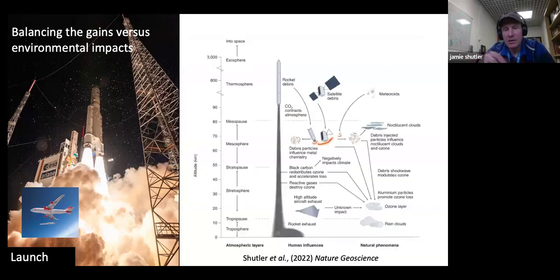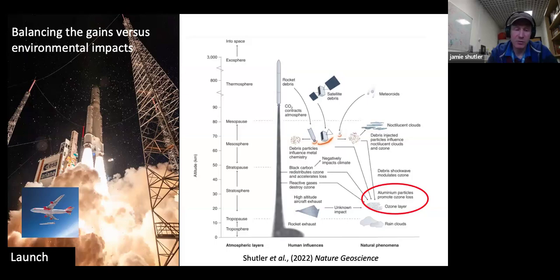And we did a review around this, and clearly there's lots of ways in which these activities are influencing the environment, particularly the atmospheric environment, but also climate. There's obviously the rocket itself. The carbon emissions are relatively small, oddly, but the chemical impacts and the things that they introduce into the atmosphere are very wide, sweeping, and can be quite large. So there's impacts here which are negatively impacting climate.